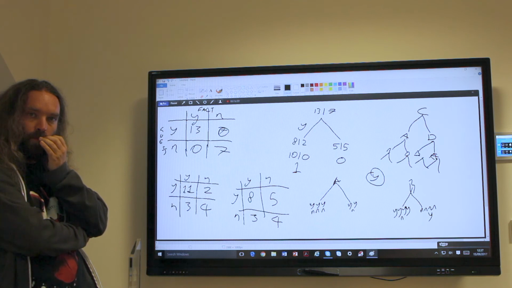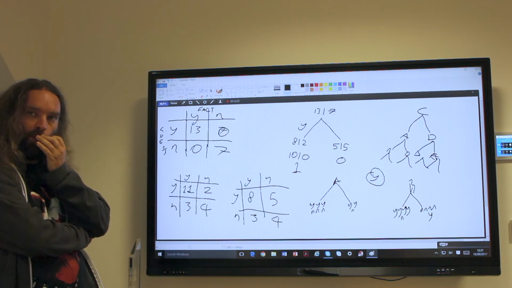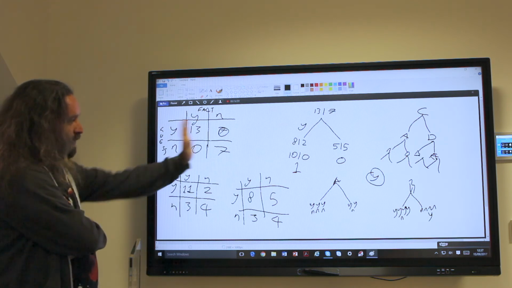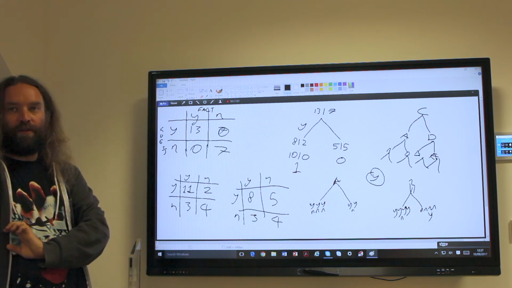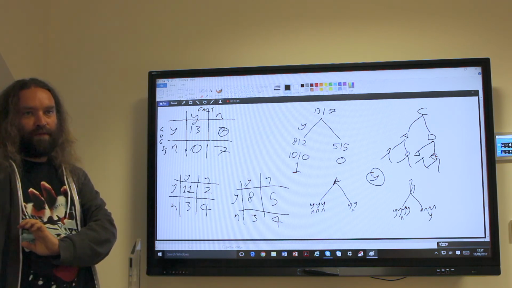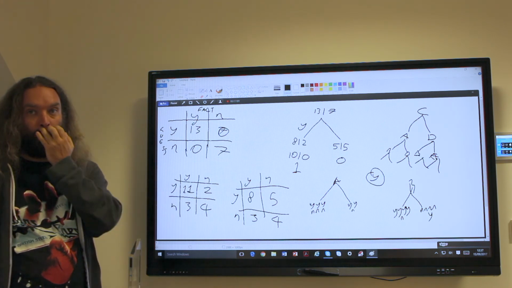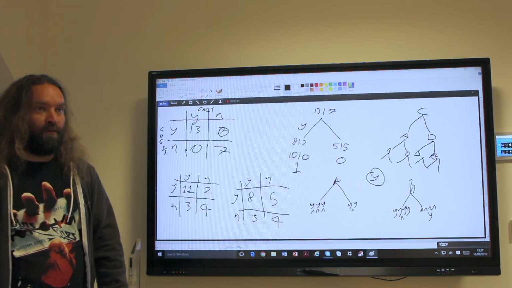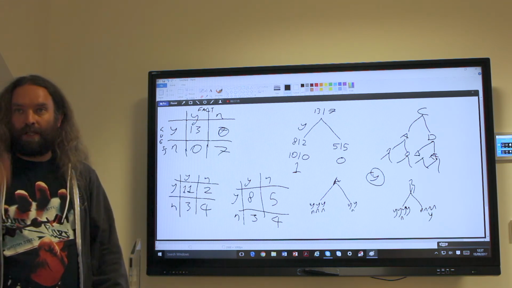So you can split multiple times on continuous variables. I glossed over how that's done: you scan until you find a value where partitioning on either side gives you at least satisfactory, if not maximum, information gain, and you split at that point.